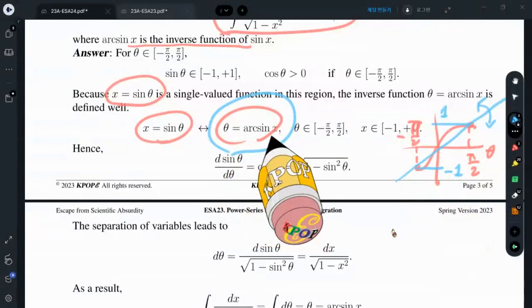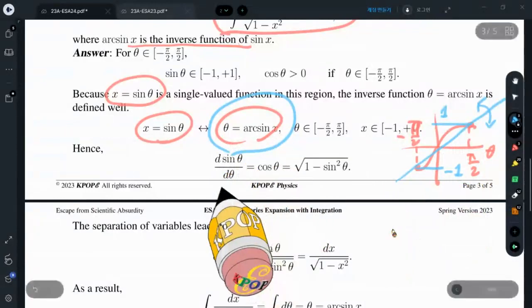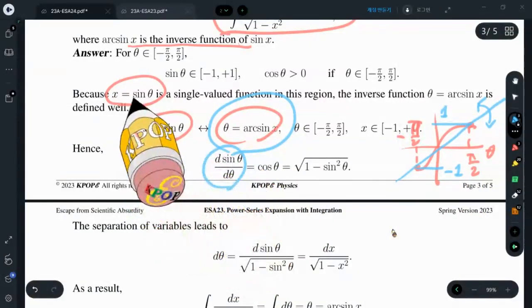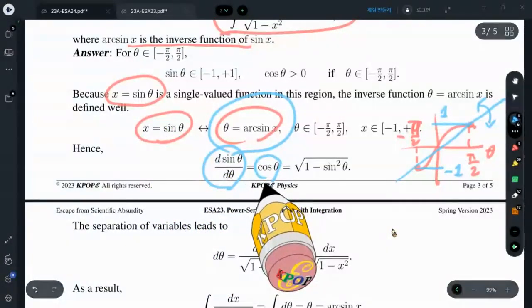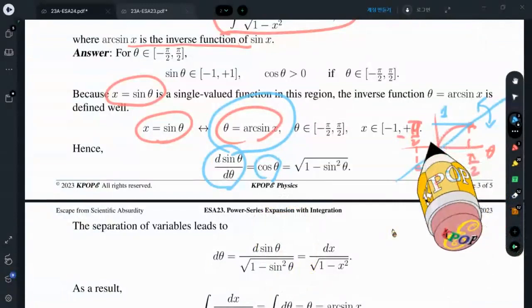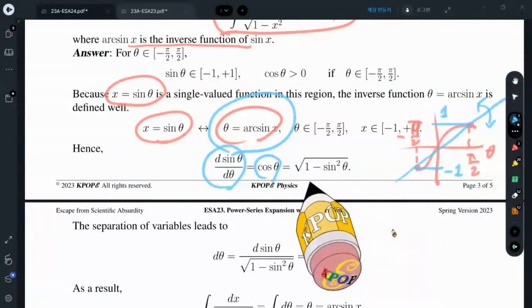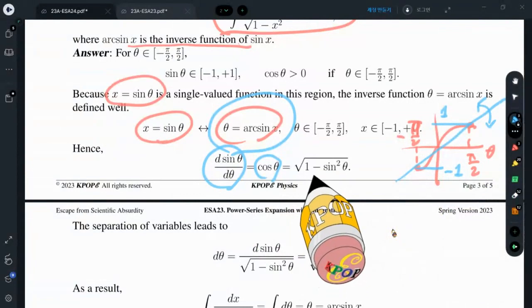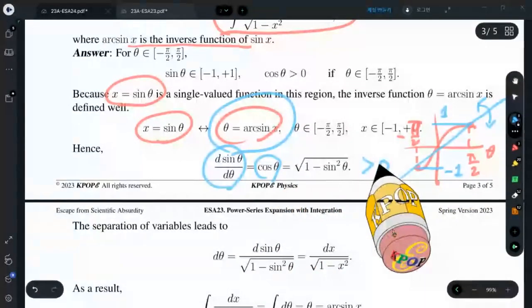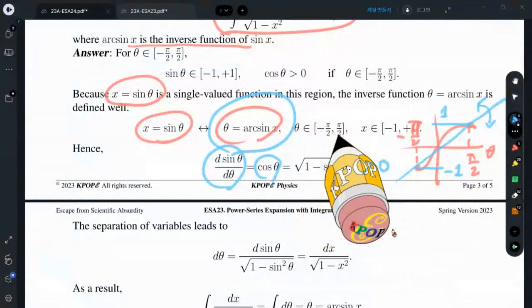So this arcsine is the inverse function. We know the derivative of sine is cosine. And in this region, cosine is single valued. Cosine does not change its sign. It is positive definite in this region.